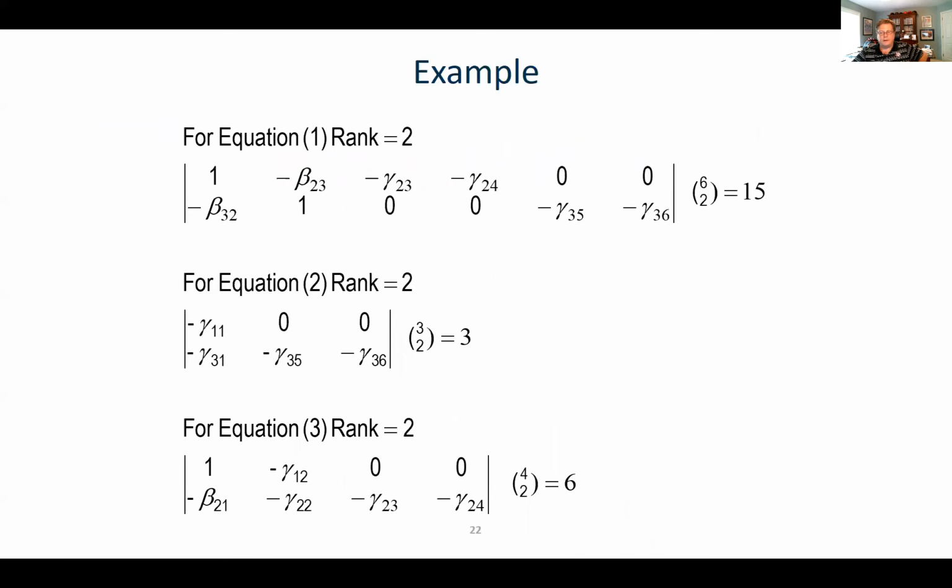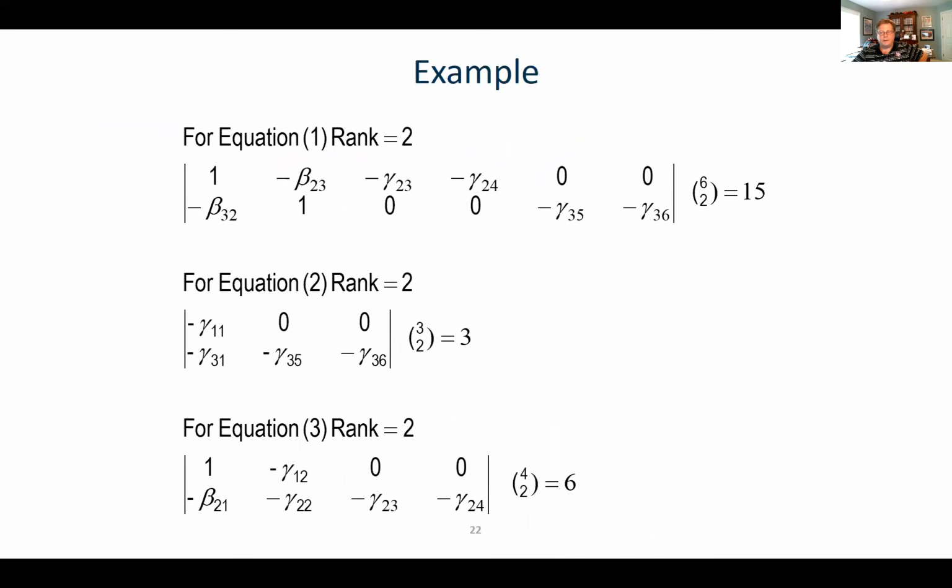And in this case, we must have gamma 1,1 not equal to 0, or gamma 3,5 not equal to 0, or gamma 3,6 not equal to 0. And if we have any one of those conditions, then we have the rank condition being satisfied for equation 2. Remember, this is done on an equation by equation basis.